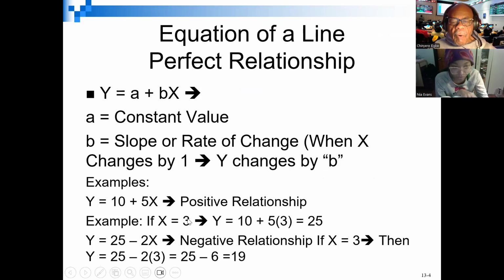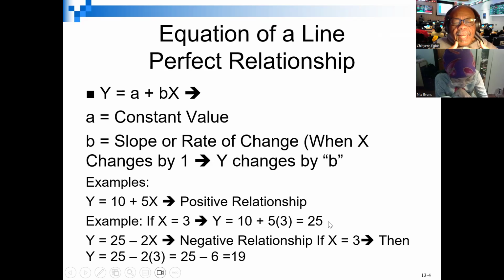If X is 4, Y is 10 plus 20, which is 30. If X is 5, then Y is 10 plus 5 times 5, which is 10 plus 25, which will be 35.